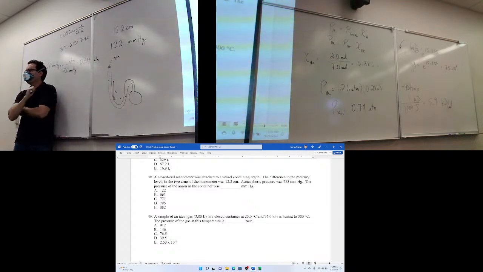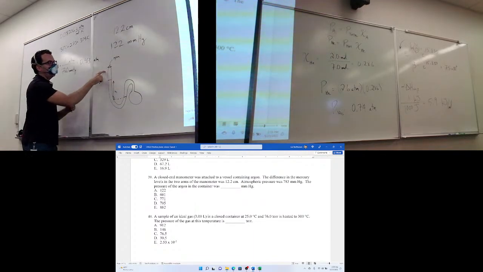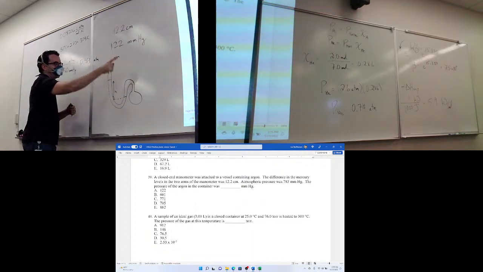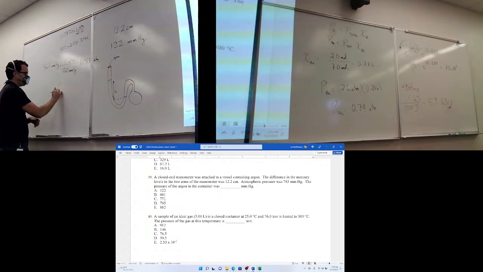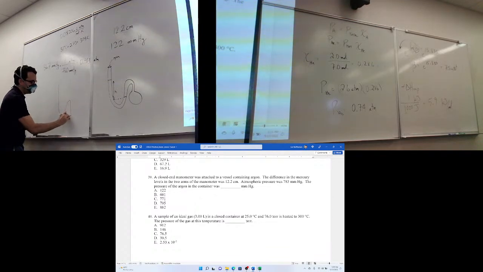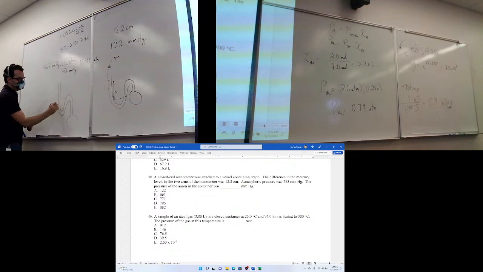You have another question? Closed end versus open end, what does that really mean in terms of manometers? In the open end, there's atmosphere pushing back on the other side of the mercury. In a closed-end manometer, terrible drawing here, it's almost always going to look like this, something like that.